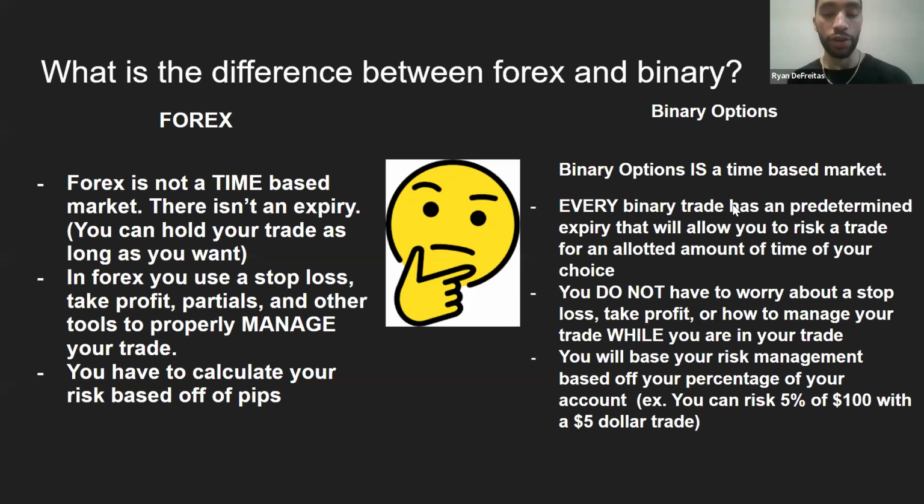You do not have to worry about stop losses, partials, or managing your trade, which most of us have to do in Forex. Management of your trade is actually one of the most important things.